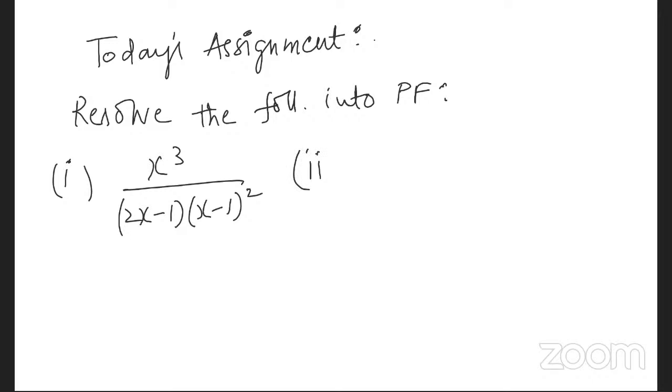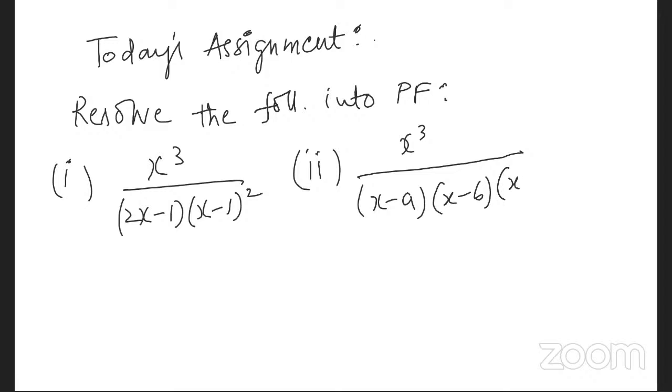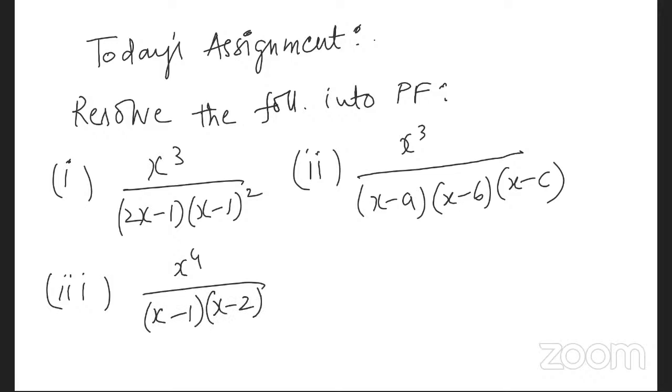Second, x cubed divided by (x minus a) into (x minus b) into (x minus c). Last one, third problem, x to the power 4 divided by (x minus 1) into (x minus 2).